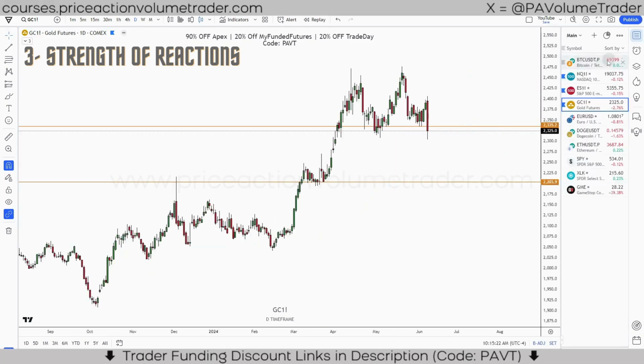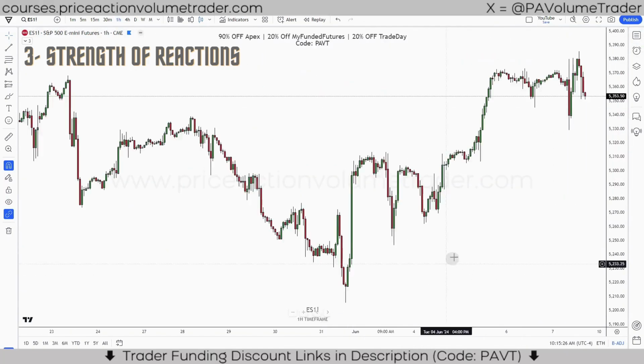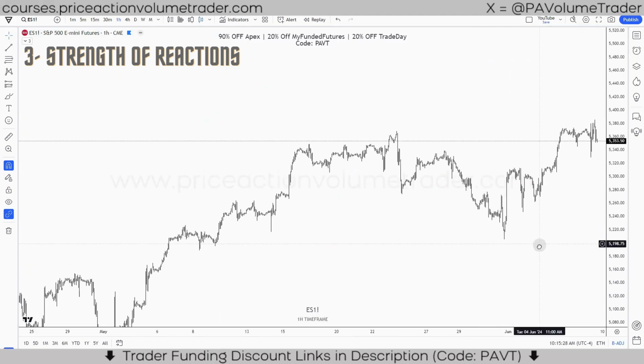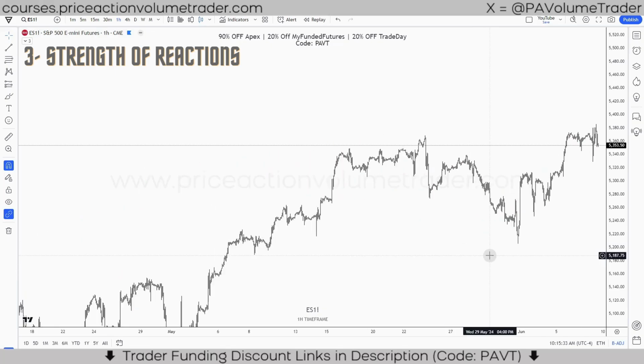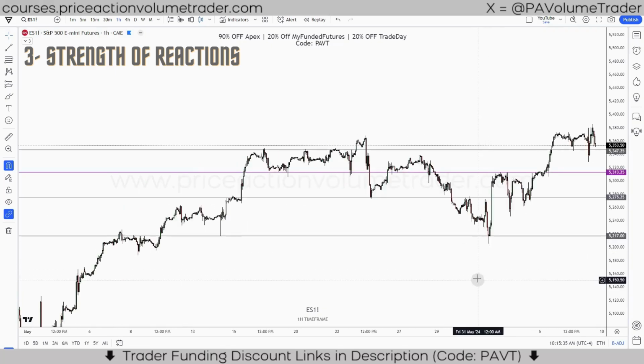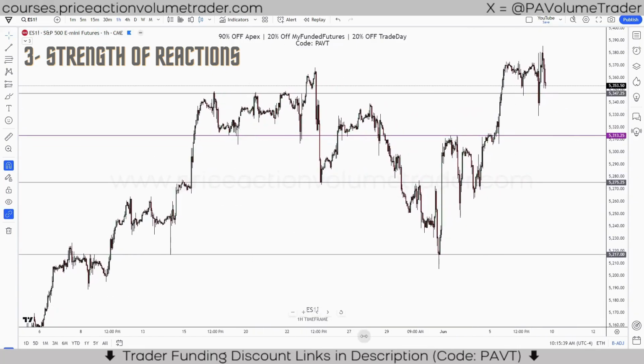If we go back into the SP500 examples, same thing again. You can look at this in all time frames. When I'm doing my top-down analysis, I just zoom out. And then you can see these levels. This 52.17, we had a huge reaction from this.